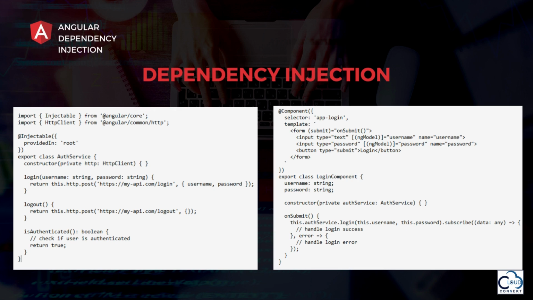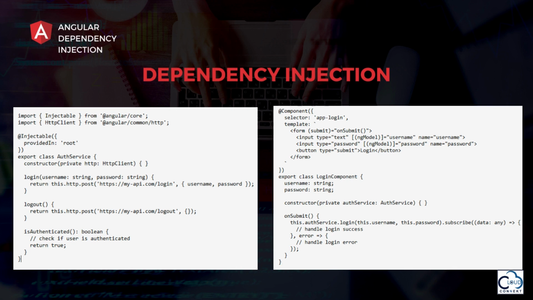First, we need to import the HTTP client from Angular common. Then we will inject the HTTP client in our constructor by creating a variable http and putting HTTP client as its data type. We will create a method login with parameters username and password.